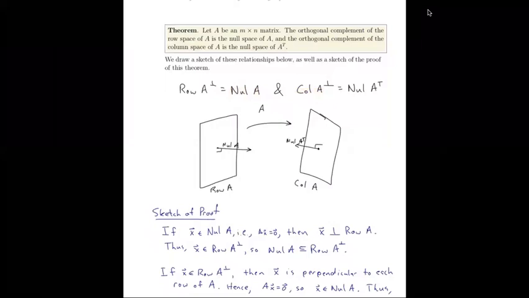Okay, so in pictures, what that means is this. The row space of A is a subspace, and the null space of A happens to be perpendicular to it. This is the best we can do to show this; these spaces might be a little bit bigger than what we see here.